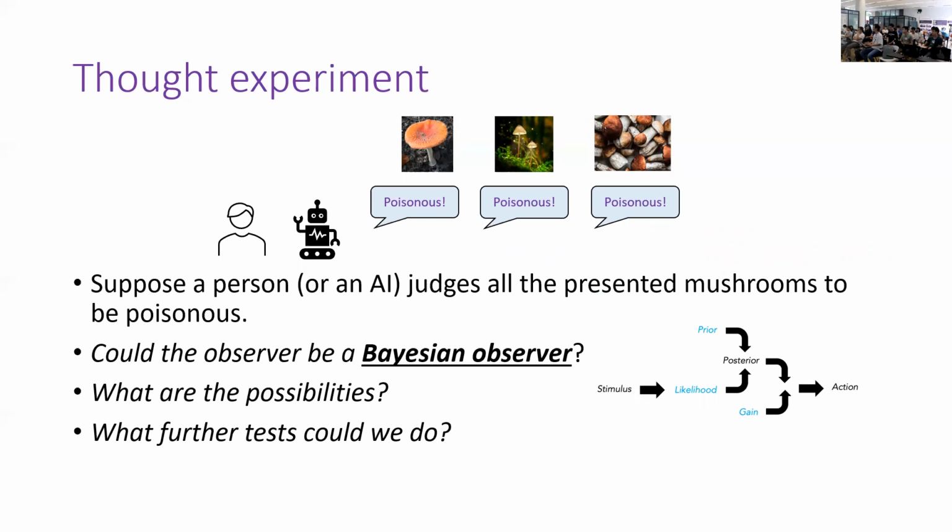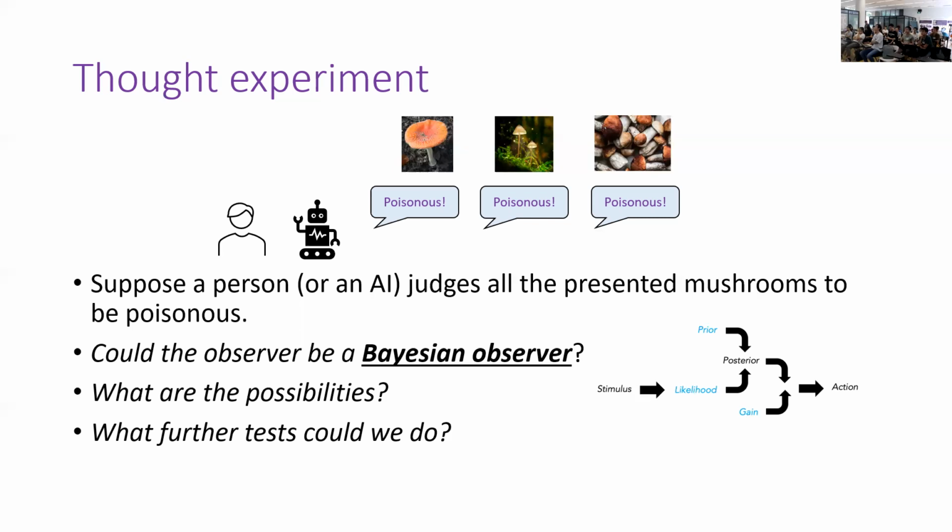So we just think about there's an agent, and we give the agent, say, 10 or 20 or 100 mushroom pictures, and for every one the agent judges this to be poisonous. My question is, could this observer be a Bayesian observer? What do you think are the possibilities?